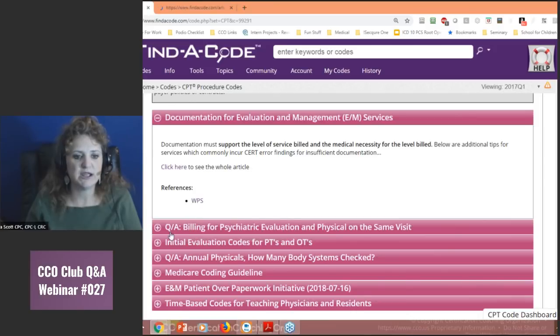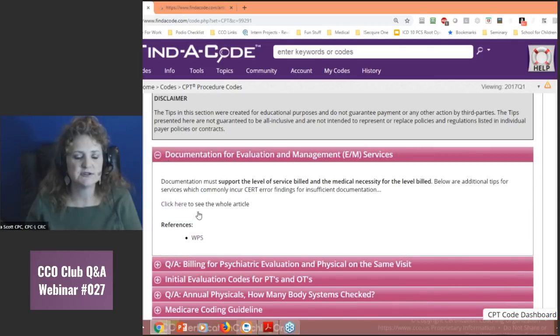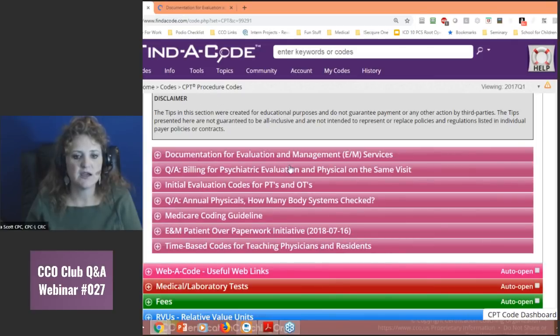While that's loading, there were other articles here that were documentation of E&M services that are all related to that code. Initial evaluation codes for PT and OT. Here's the question and answer where I got one of those about body systems, Medicare guidelines. That was really interesting. And time-based teaching physicians and residents.